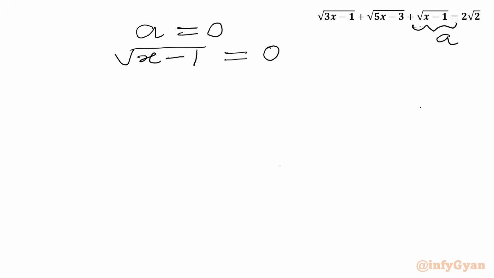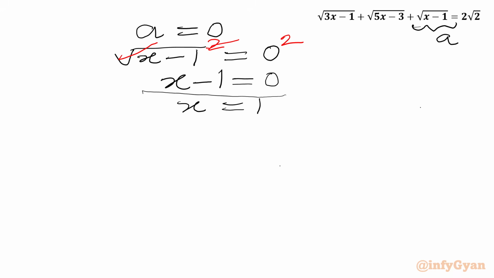Now we have square root in LHS, we'll be squaring both sides. We will put power 2 in LHS and RHS. Square root and square will get cancelled out. We will get x minus 1 equal to 0 square, which is 0. Now we will add 1 to both sides. x will become 1. So x equal to 1 is our first real solution.